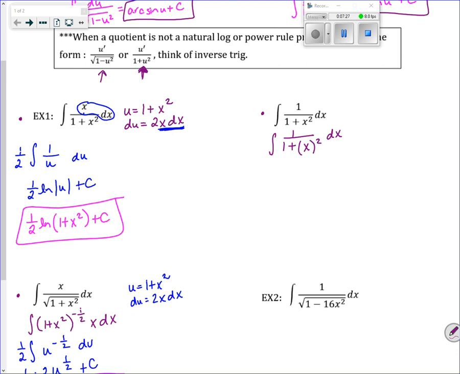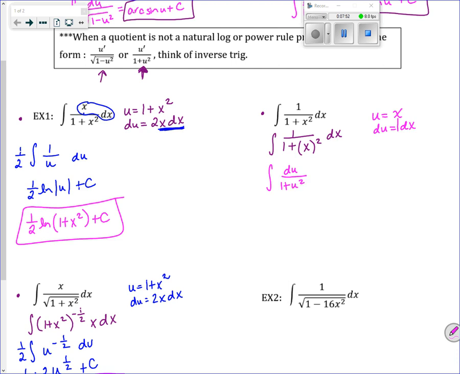I could write it that way. So my u, I want you to see it. My u is x. This is why it's inverse trig, because think about it, wouldn't du just be 1 dx? So what do I have here? 1 dx is du, over 1 plus u squared.